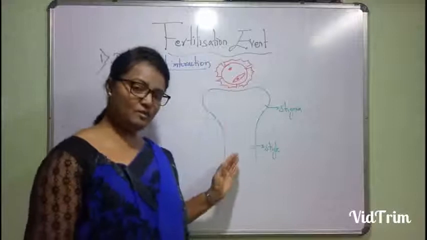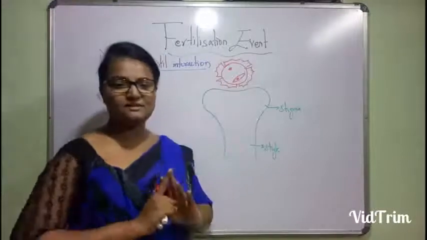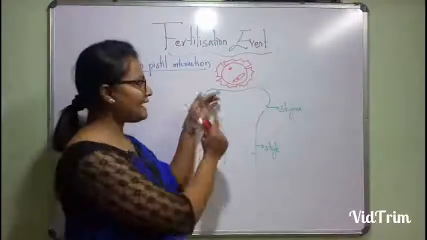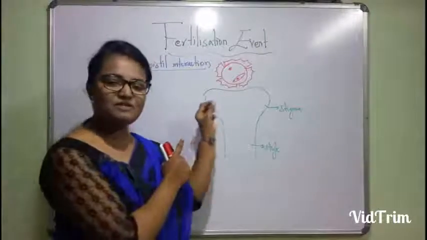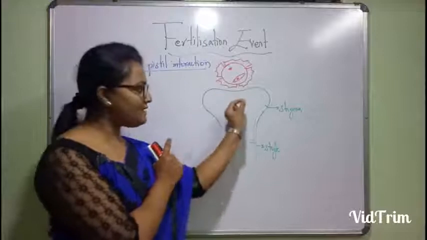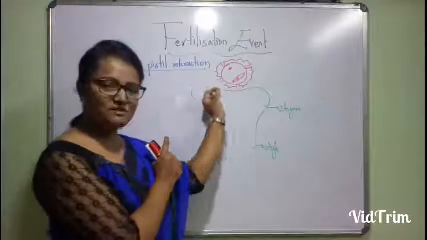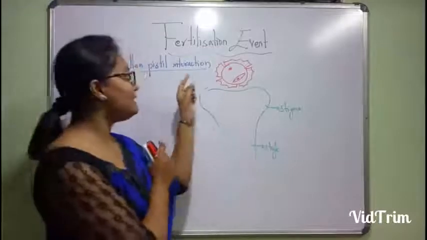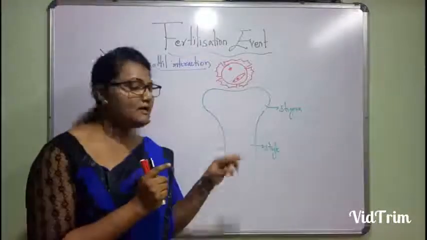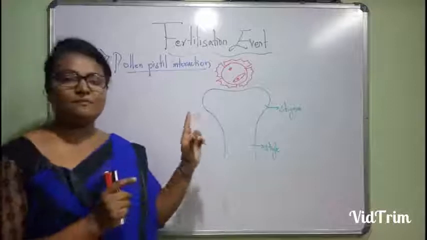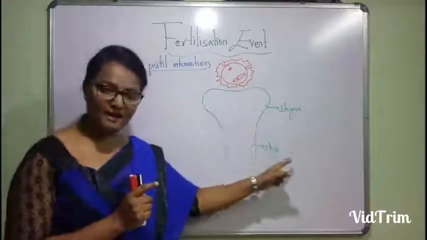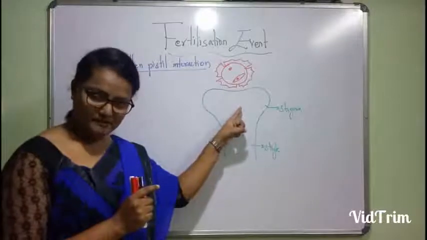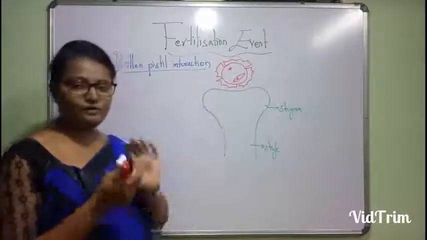Sometimes they allow the pollen grain to germinate, sometimes they don't. Based on some chemical interaction, they recognize their own species pollen grains. So within the fertilization event, the first step is very important: our stigma recognizes the correct type of pollen grains and decides whether to allow them or not.